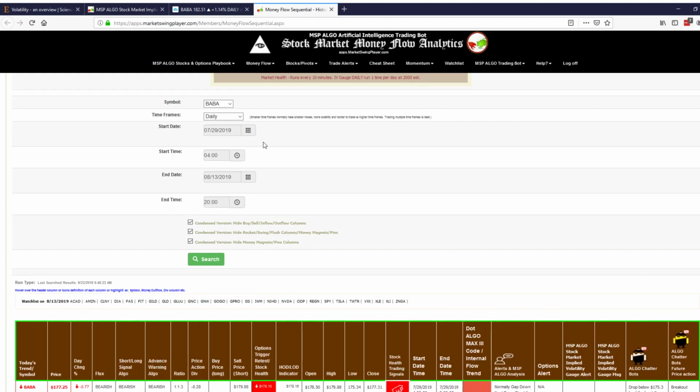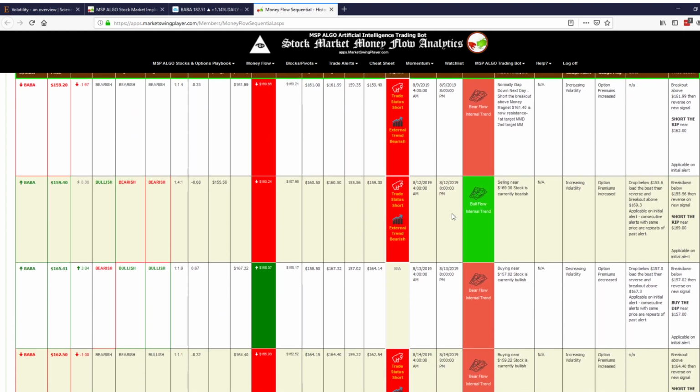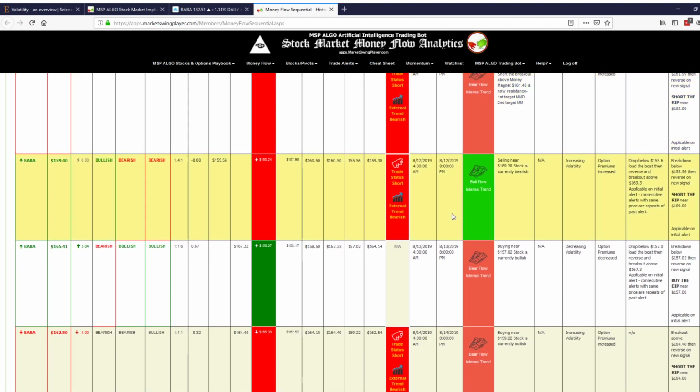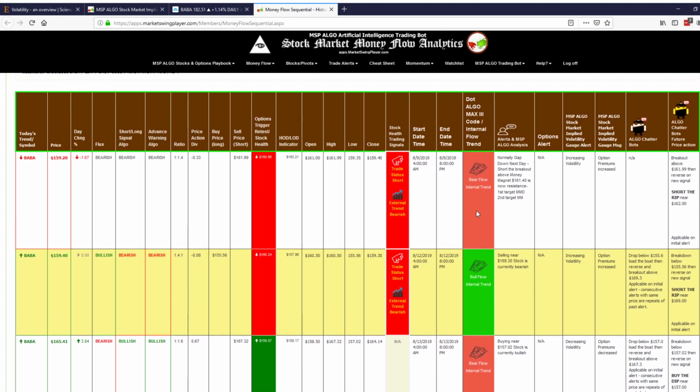So that alert, we'll look a little before and a little after this time frame. So it looked like it was still bearish. Look, we see some money going in near the 159, the internal flow.